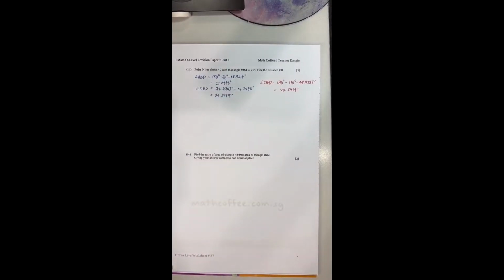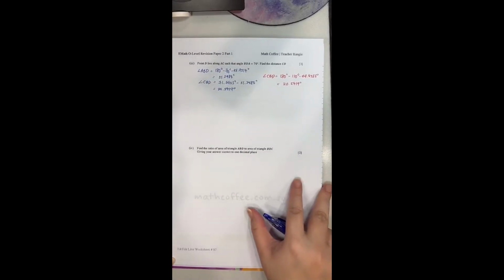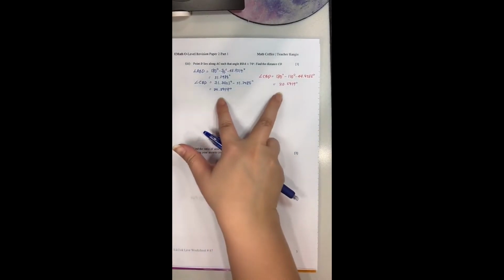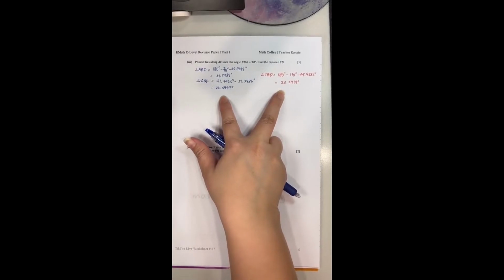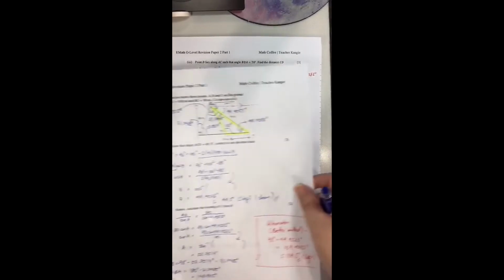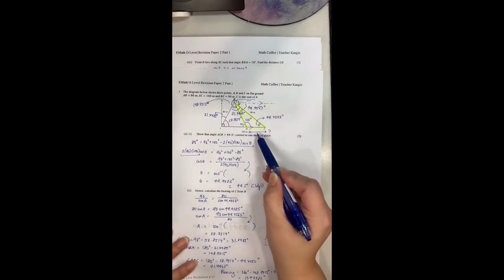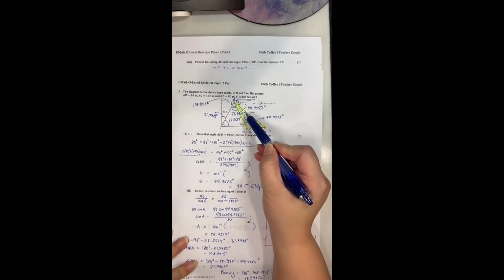Okay, so once we have this, we can use our sine rule. So now we can do our sine rule. So look over here. CD, because I want to find CD, right? So CD over this angle here.